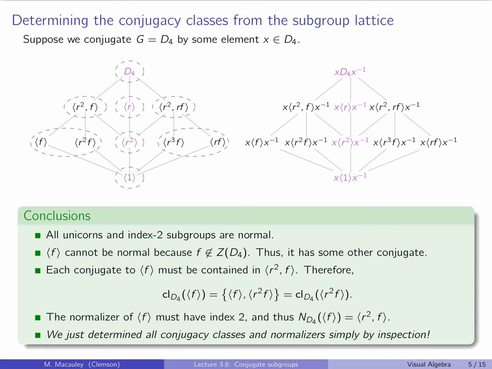In summary, we just determined all conjugacy classes of subgroups and all of the normalizers simply by inspection. I think that's pretty cool. We've developed some really powerful theory.